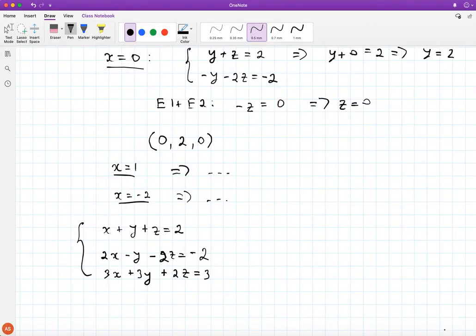The idea is the exact same as before. We would like to manipulate the three equations in our system so that variables get eliminated. In principle, we can eliminate variables in any order. We can choose to eliminate the x variable first, or the y variable first, or start with the z variable first.